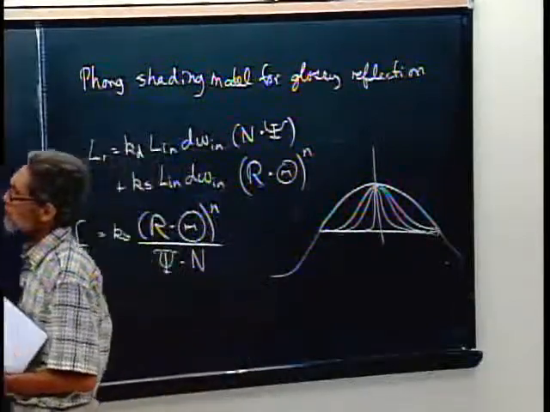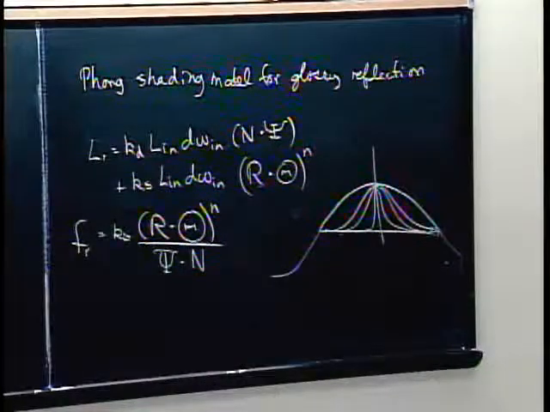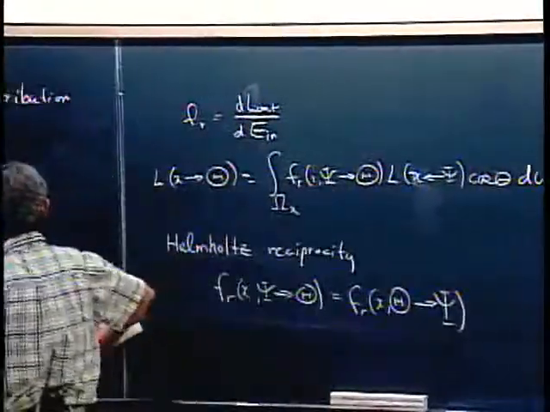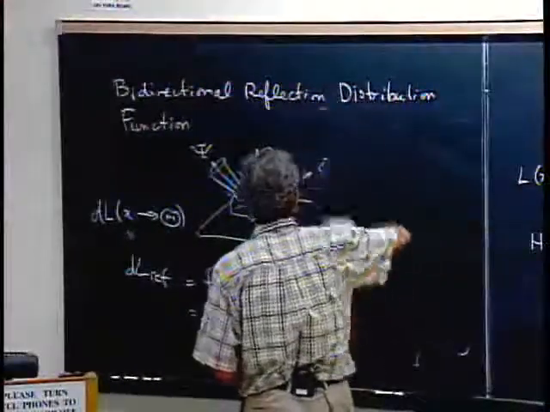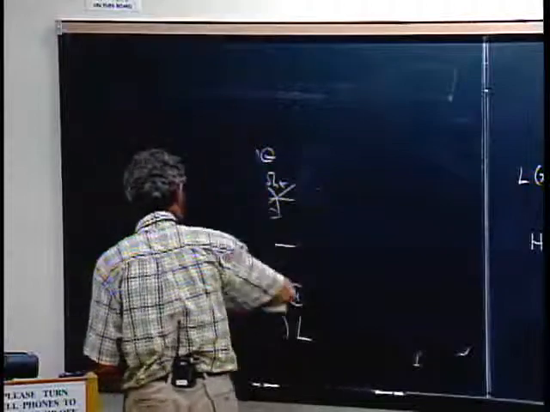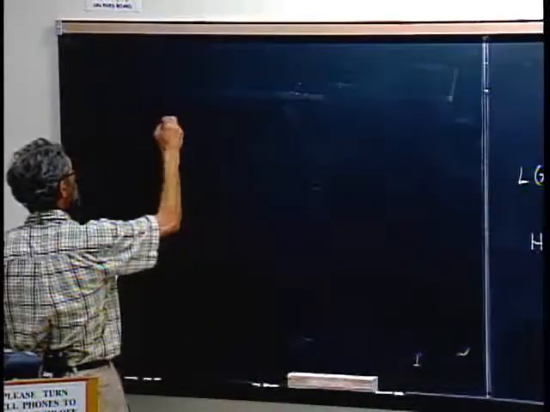And let me give another modification of it, which is Blinn's modification. And actually, there is a way to fix Blinn's, to make it satisfy reciprocity. What Blinn did was, here, let me draw a picture again.